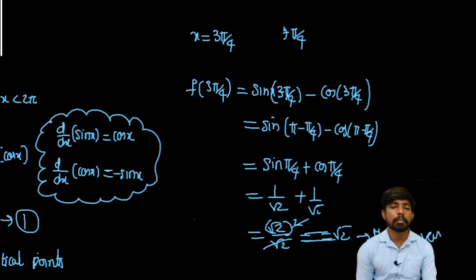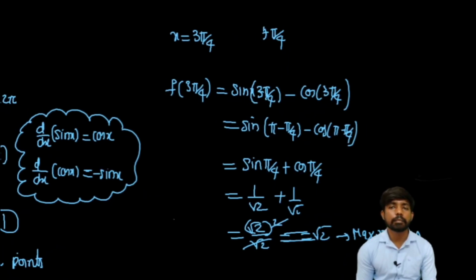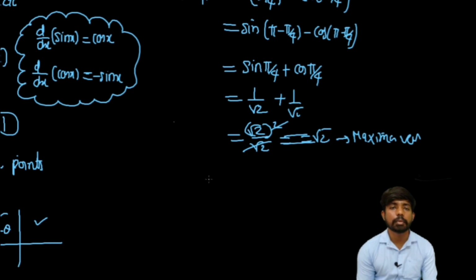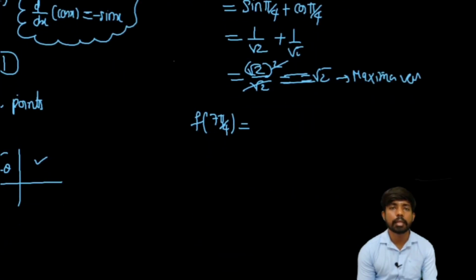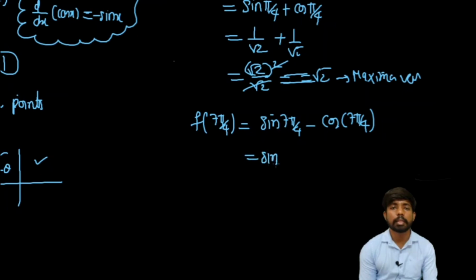Next, the minimum value: substitute x is equal to 7 pi by 4 in the function, sine of 7 pi by 4 minus cos of 7 pi by 4. 7 pi by 4 can be written as 2 pi minus pi by 4.